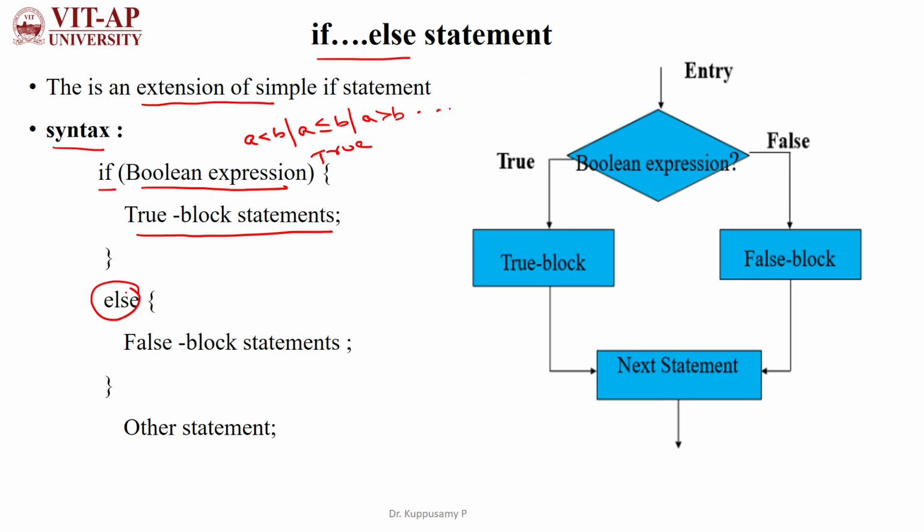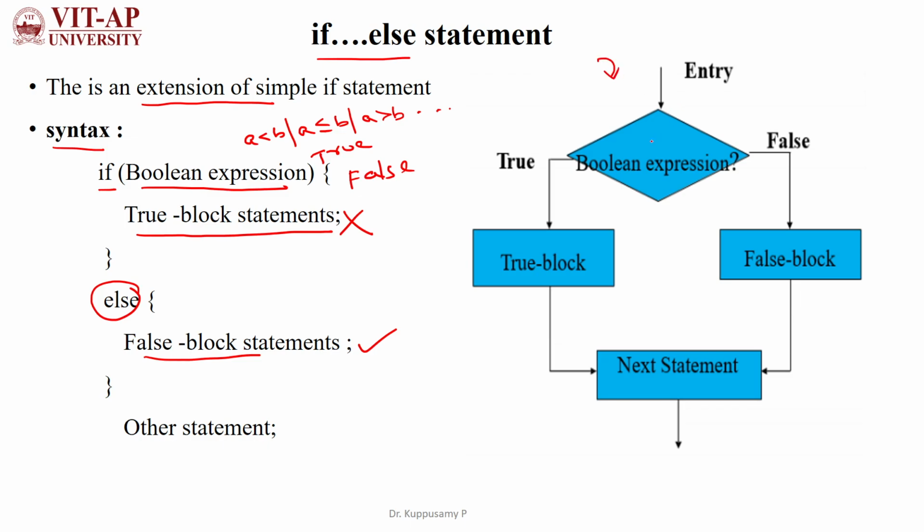Otherwise, the else false block will execute. That means if the boolean expression returns false, the true block will not execute and the false block will come into execution. This can be expressed in the flowchart.